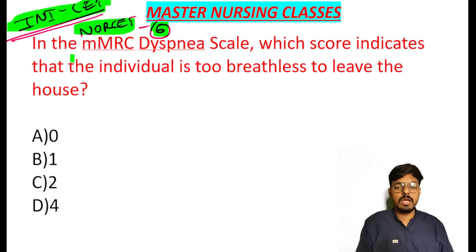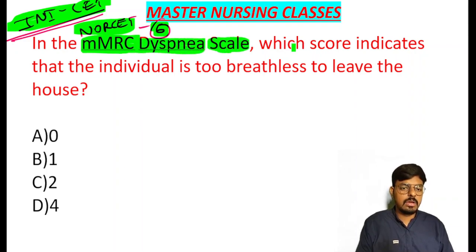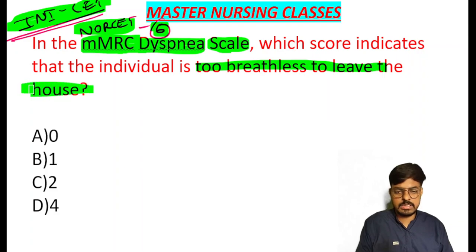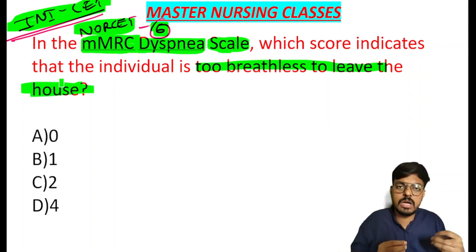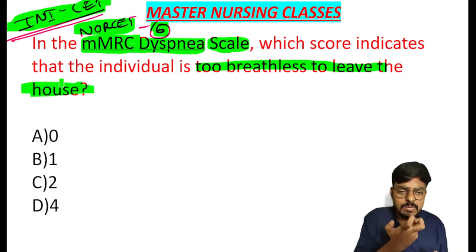In the modified medical research council dyspnea scale, which score indicates that the individual is too breathless to leave the house? The patient is unable to come out of his home only because of breathlessness.